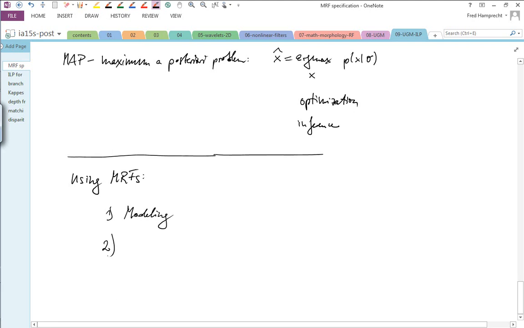Then secondly, there is the parameterization. And thirdly, there is inference, because we want to find out about either the most likely configuration, or we want to find a posterior distribution, let's say, of latent variables given our observations.